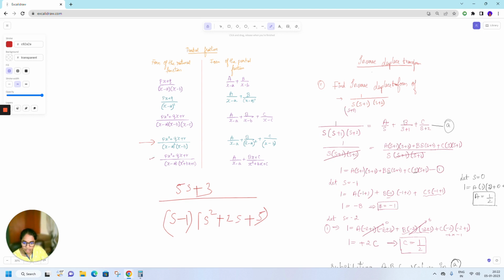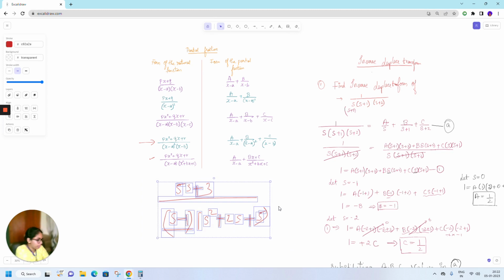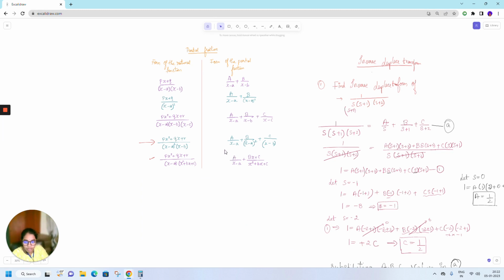Agree? Clearly you have s. In place of x minus a, I have s minus a. In place of x square plus bx plus c, I have s square plus 2s plus 5. So how should I write this problem? I would have to write it as something like this. Let me copy this.